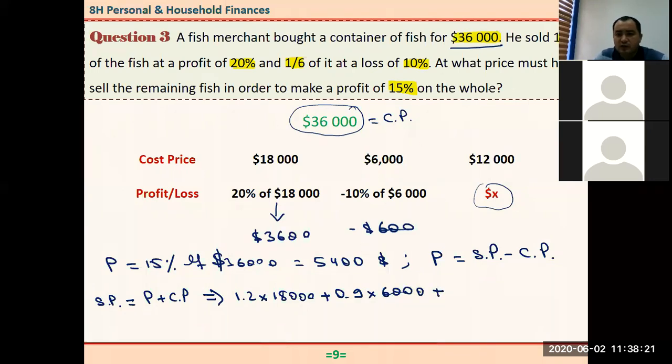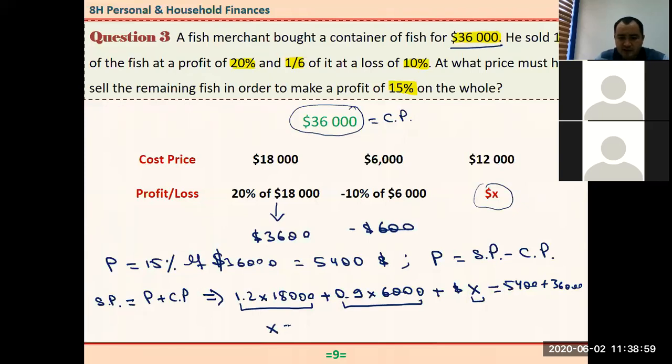Plus, the question is, at what price must he sell the remaining fish? So we need to find this X, remaining fish. So let's sell this at X dollars, right? The first part we sell at this price. The second one we sell at this price. The third one we sell at this price, which is equal to profit. We are expecting to make this much profit, 5,400, plus cost price $36,000. Okay, so we just need to solve this for X.